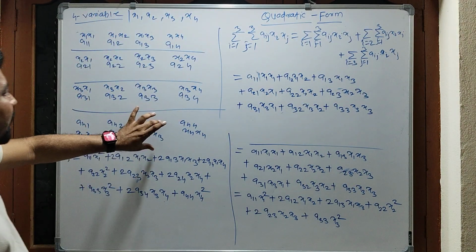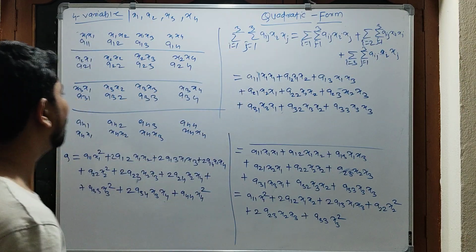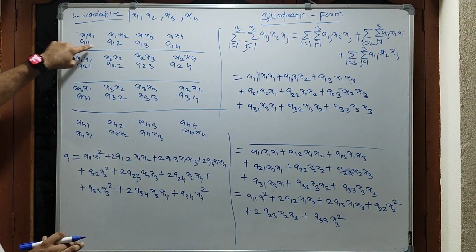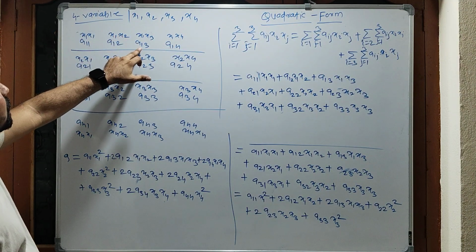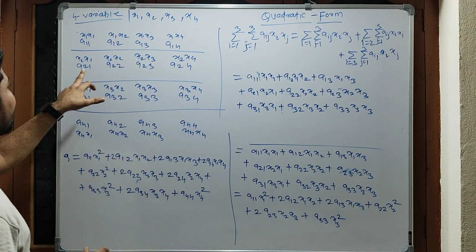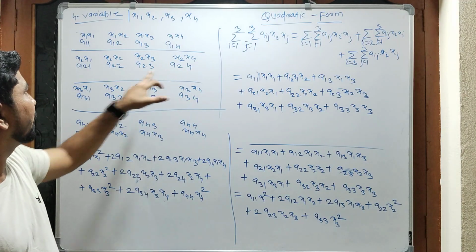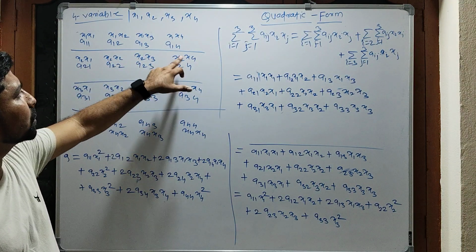So here you will get this same equation by using this formula also. Here this is the matrix form: first row a11 a12 a13 a14 with x1 x1, x1 x2, x1 x3, x1 x4. Second row a21 a22 a23 a24, that is my second row of the coefficient matrix, with x2 x1, x2 x2, x2 x3 and x2 x4.